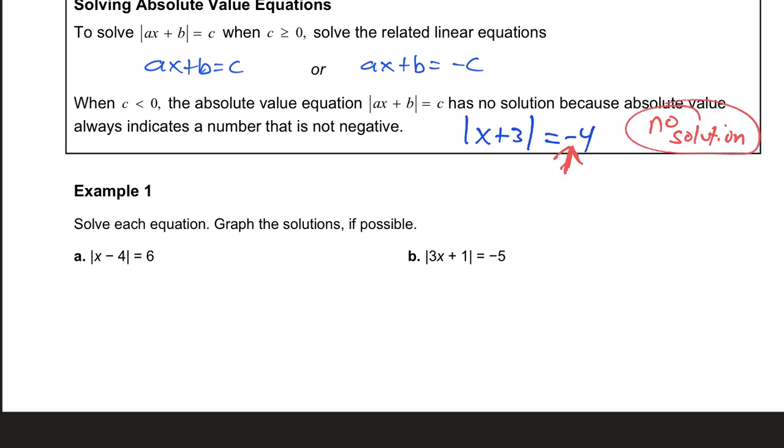Okay? Now, let's go down to the examples. How do we solve these? And then we'll graph them. The first step in solving is you write the equation as seen without the absolute value symbols.